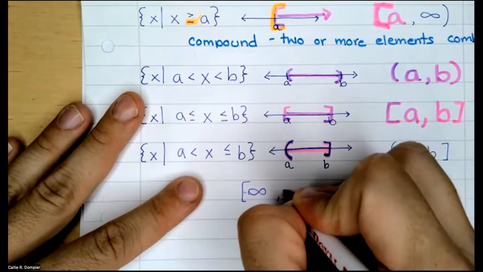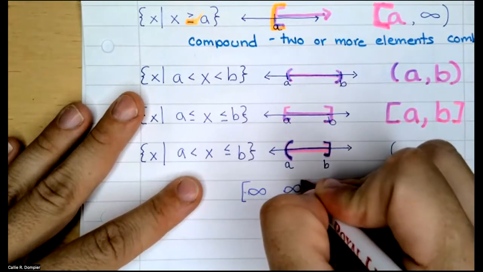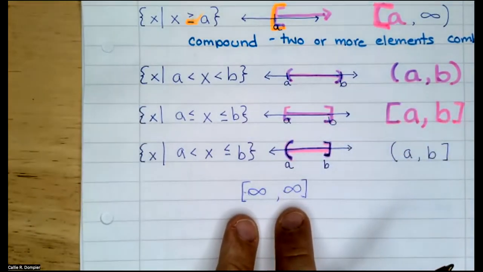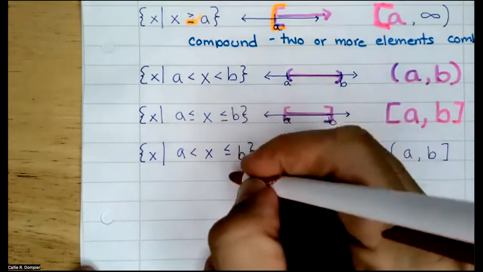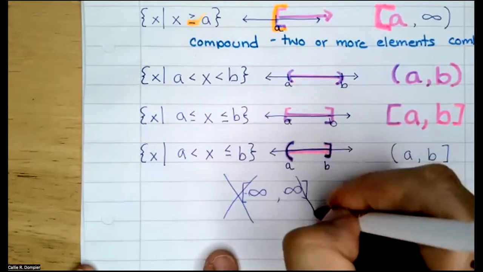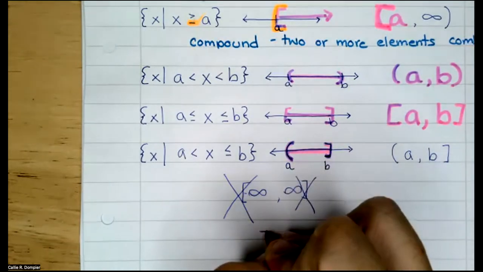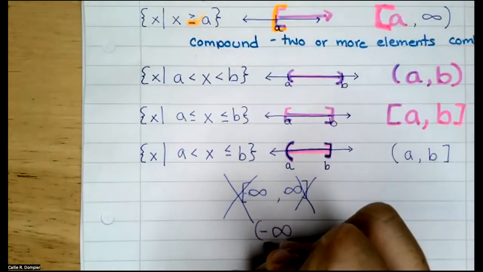Sorry, that has to be negative infinity. If it's going on forever, you have to include the infinity on one end, but never with those brackets, because those brackets imply it includes that number, right? And infinity doesn't have an end that you can include.